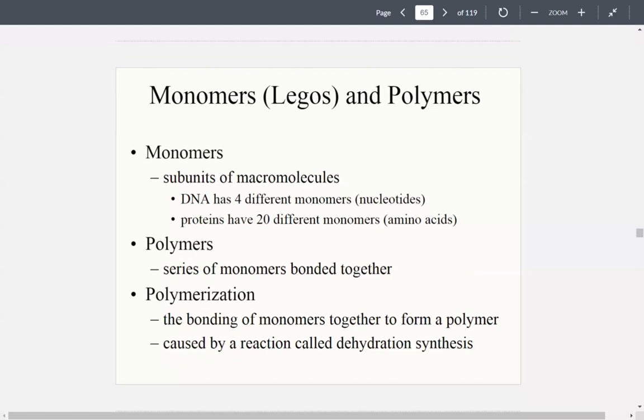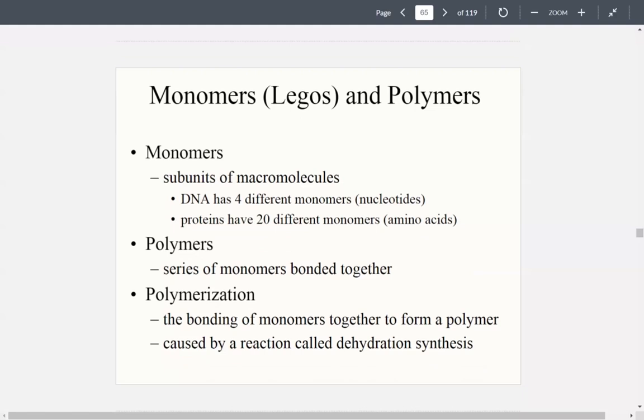Now, when we're talking about organic molecules, we talk about both monomers and polymers. What are monomers? Monomers are subunits of a larger macromolecule. It is the base form of whatever we're talking about. So if I'm talking about carbohydrates, its monomer is a saccharide unit: glucose, fructose, stuff like that.